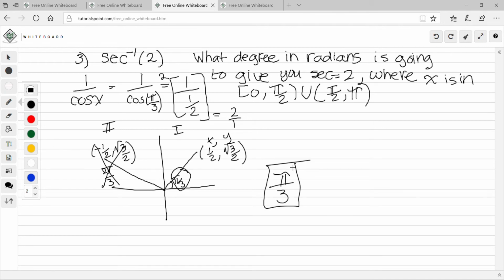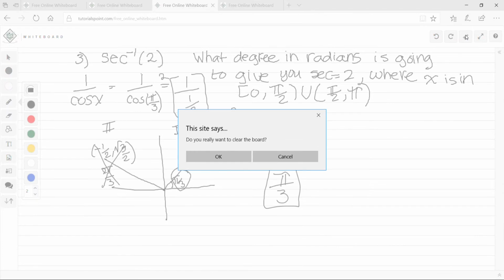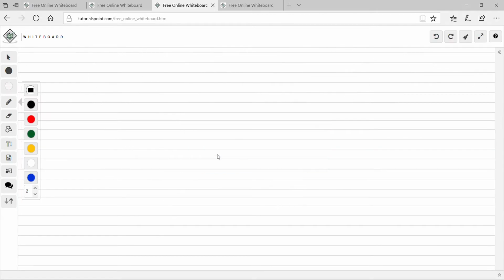Okay, secant, let's do another one. So that was secant, let's do tangent inverse of -1.